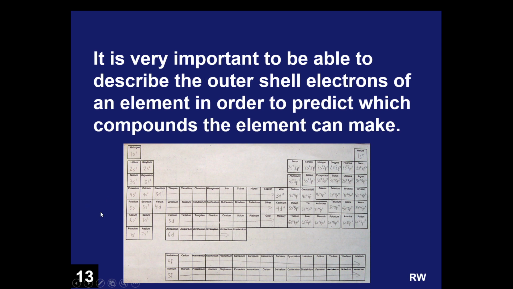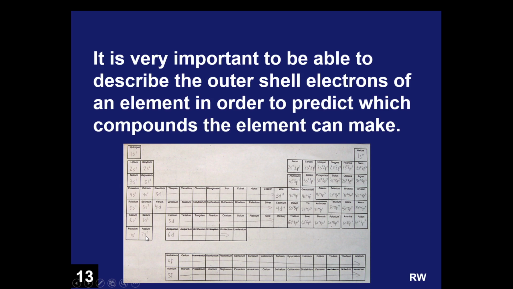Then in the middle of the periodic table, this transition area where you have the transition elements, you have the 3d. In the 4th row, you have the 3d filling up. In the 5th row, you have the 4d. Then in the 6th row, you have the 4f filling up first, and then the 5d, and then, of course, back to the p's.